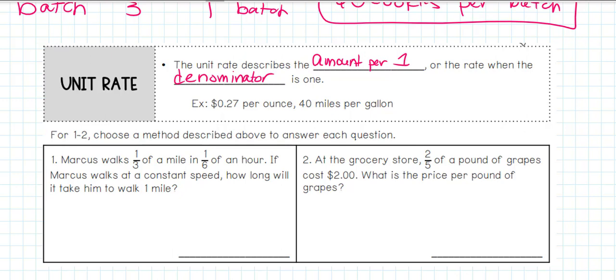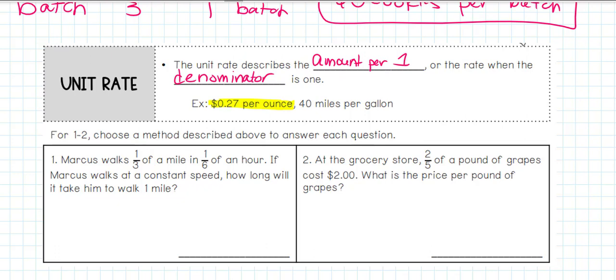Okay, so a unit rate is when our denominator is 1 and it's describing the amount for 1. Examples of that would be, for instance, if I'm looking at a price of something in a store and it costs 27 cents per ounce.